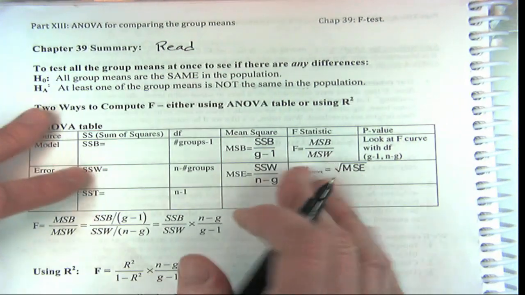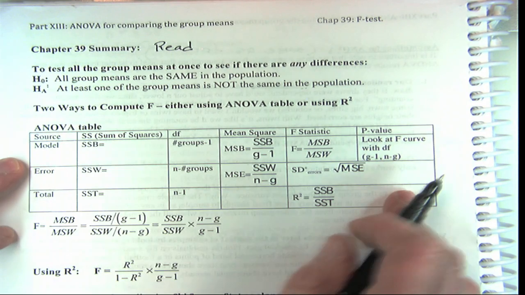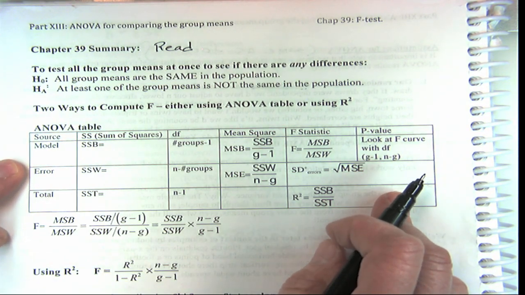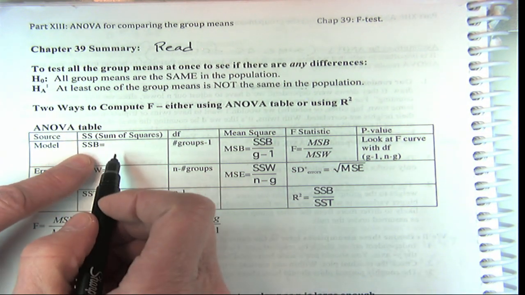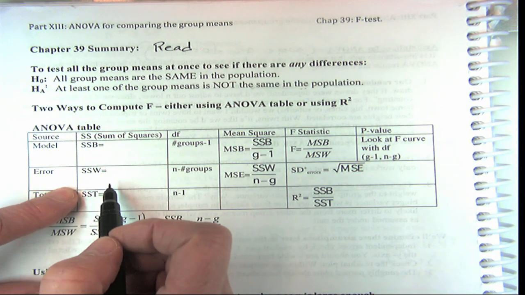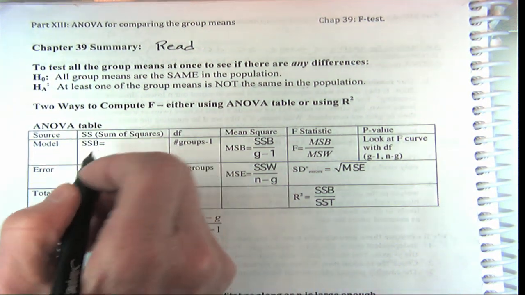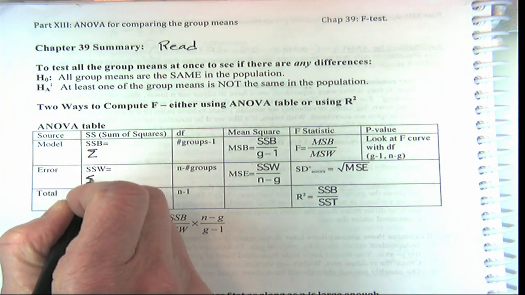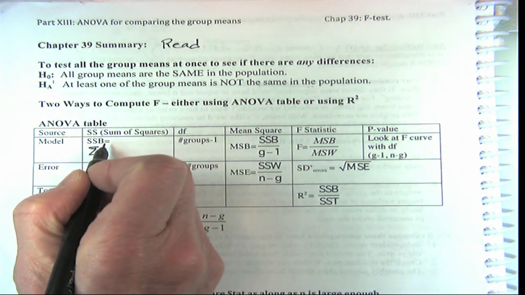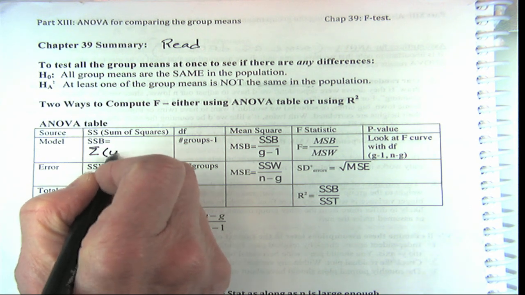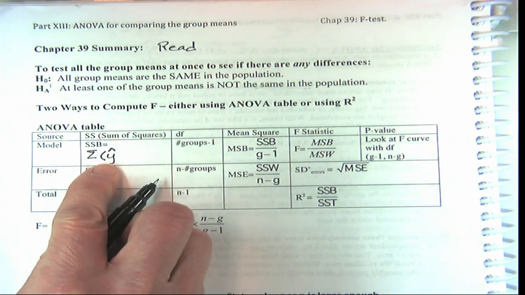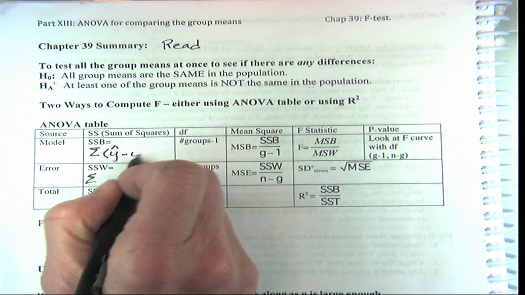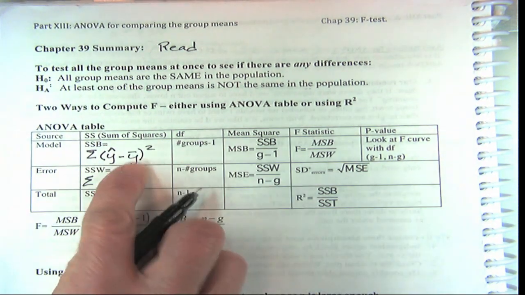So here's the ANOVA table, and let's just remember what SSB and SSW and SST are. They're sums of squares. So this is the sum of our model, our predictions minus the overall mean.